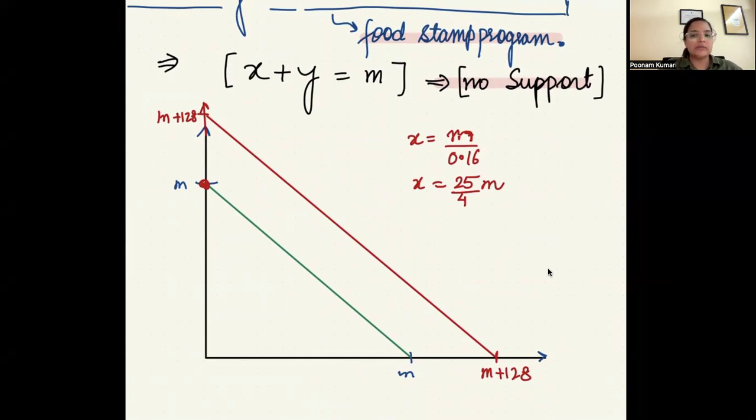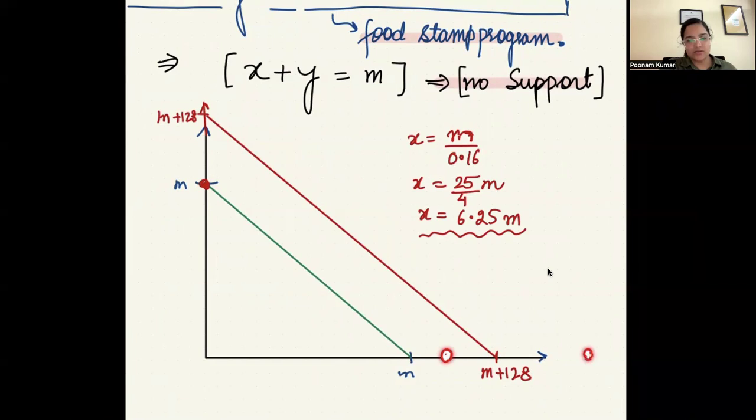So this is times 25. So how much is that? 6.25 m, right? So this x is 6.25 m. So it actually depends on what is the value of m, right? Whether it will be lying here, somewhere here or somewhere here.